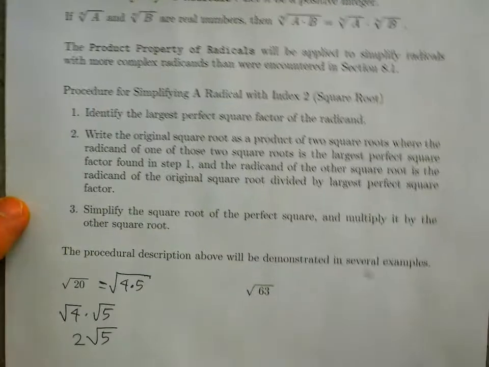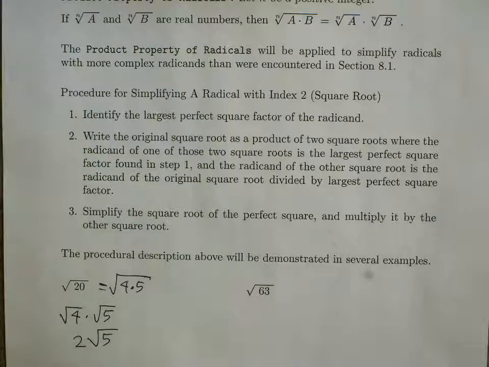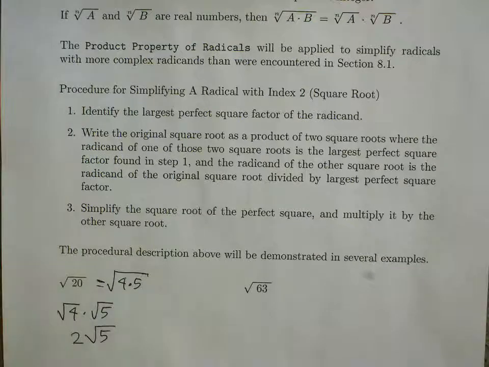Okay, so that demonstrates in one example what you're going to do whenever you simplify radicals. Okay, the next one is the square root of 63. 63 is not a perfect square. What's the largest whole number factor of 63 that is a perfect square? 9.